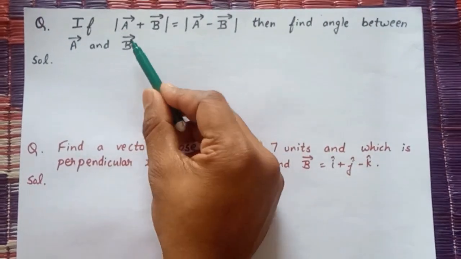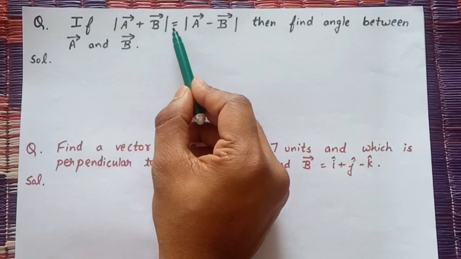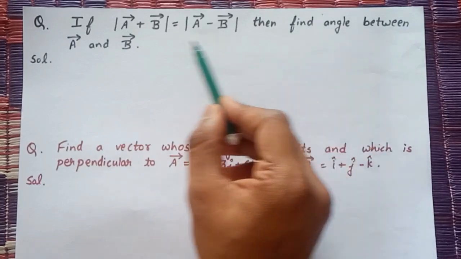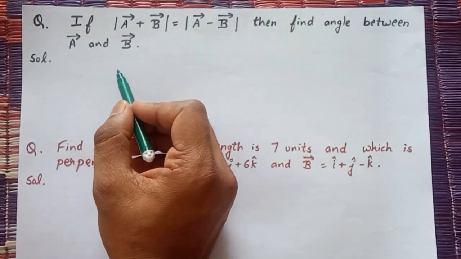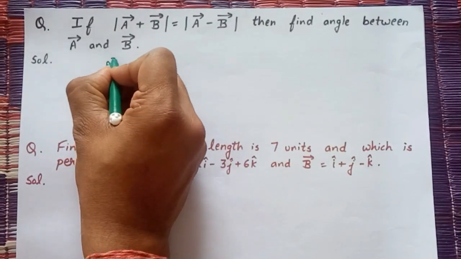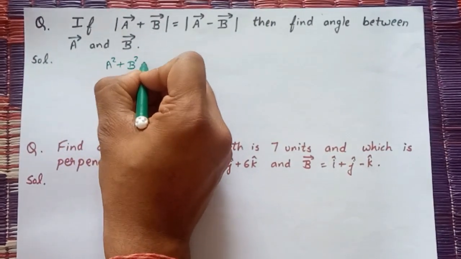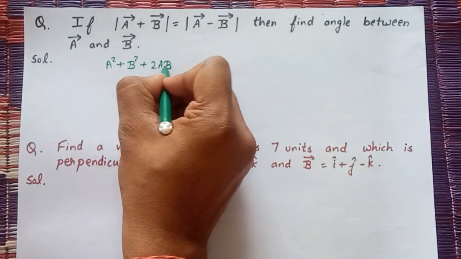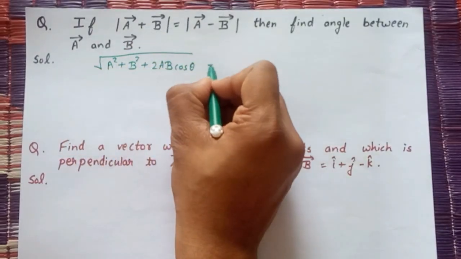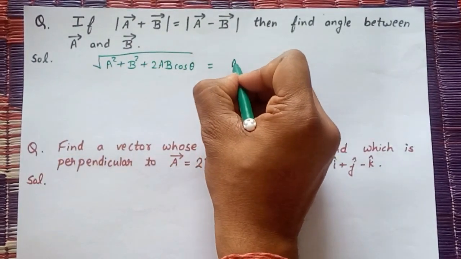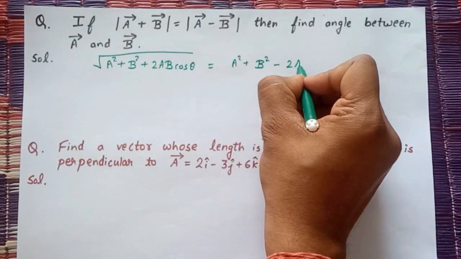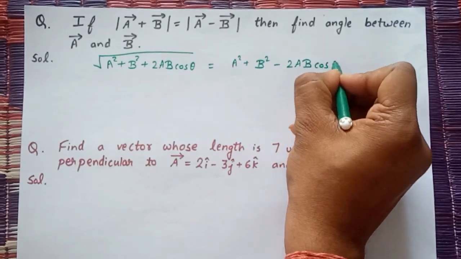Next question is, if modulus of a vector plus b vector is equal to modulus of a vector minus b vector, then we have to find the angle between a vector and b vector. What is the modulus of a plus b? It is the root of a square plus b square plus 2ab cos theta. And the modulus of a minus b will be the root of a square plus b square minus 2ab cos theta.